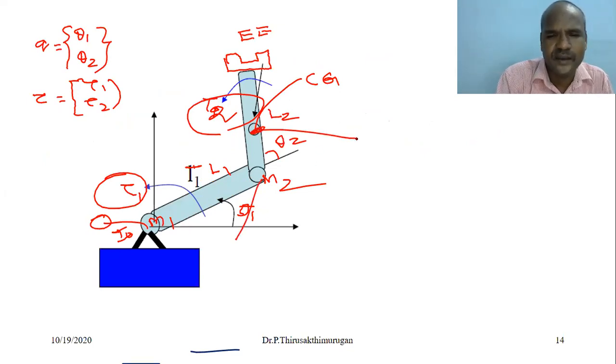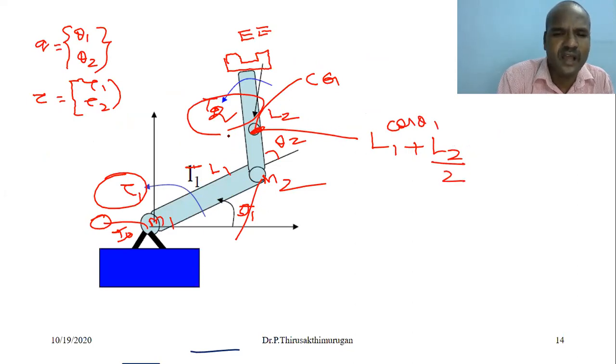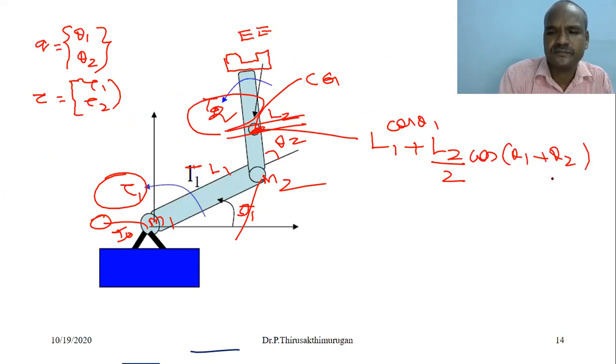So the center point is L1 cos theta 1 plus L2 by 2, because half of L2, L2 by 2 cos of theta 1 plus theta 2.